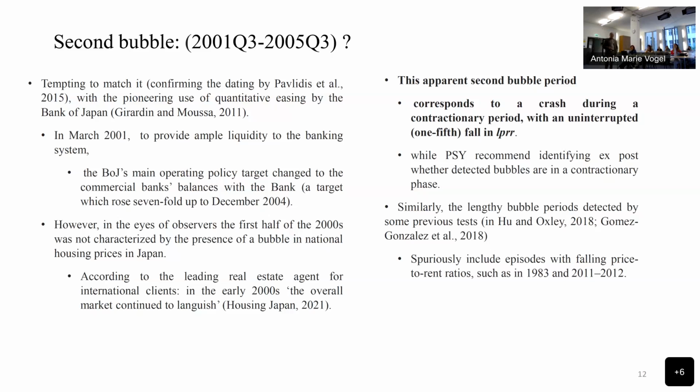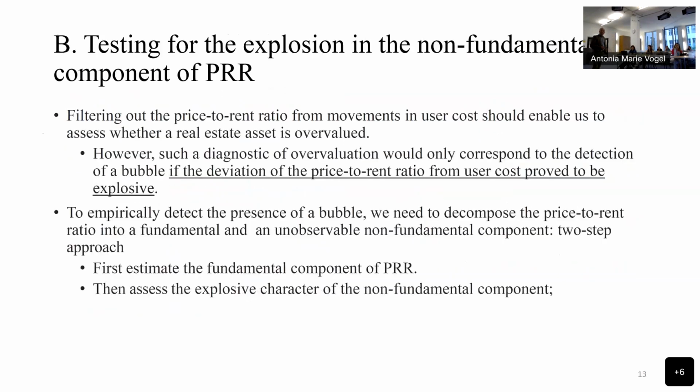So we really need a combination of statistical work, eyeballing the data, listening to experts in the field, and so on. So now what are we doing? We start with the price to rent ratio, which we are going to relate to some fundamentals, carefully chosen to suit the Japanese case.